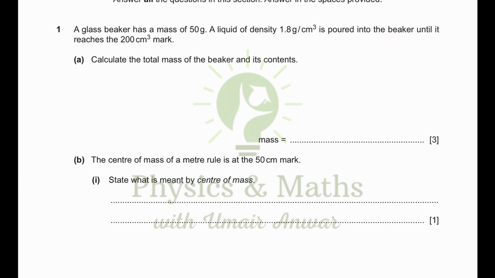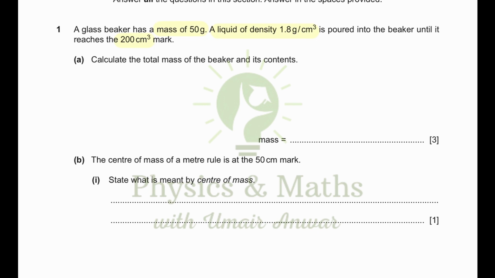So we can see that we are given the mass of the glass beaker, then the density of the liquid, and then the volume of the liquid reached, which is 200 centimeters cube. Calculate the total mass of the beaker and its contents. So now we have to find the total mass, which includes the mass of the liquid and also the mass of the beaker in which it is poured.